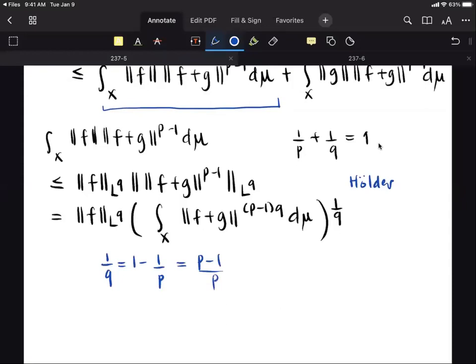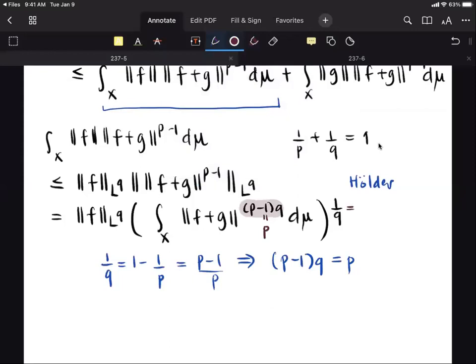Therefore, we can see that the product of p minus 1 and q, you cross multiply, is p. So this part here is in fact equal to p.